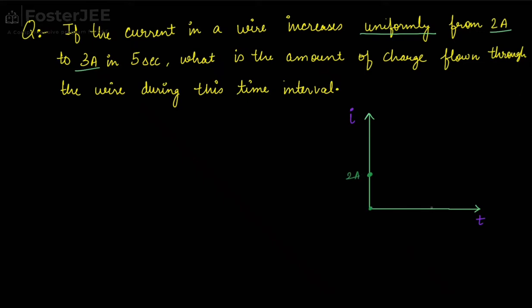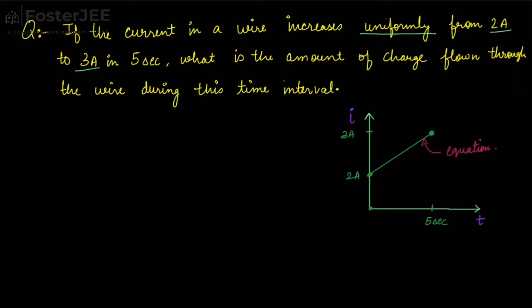And after 5 seconds, the current increases uniformly to 3 amperes. Now, if we are able to find the equation of this line, then we can get the variation of current with time.